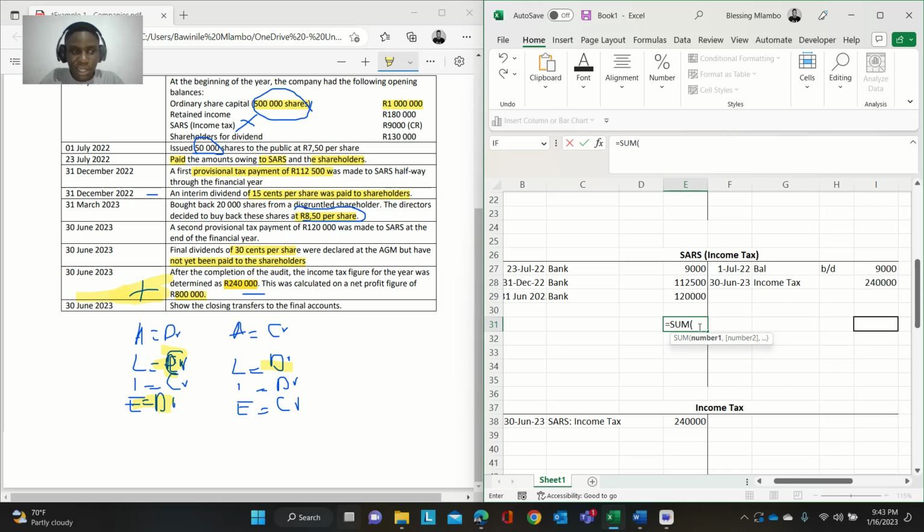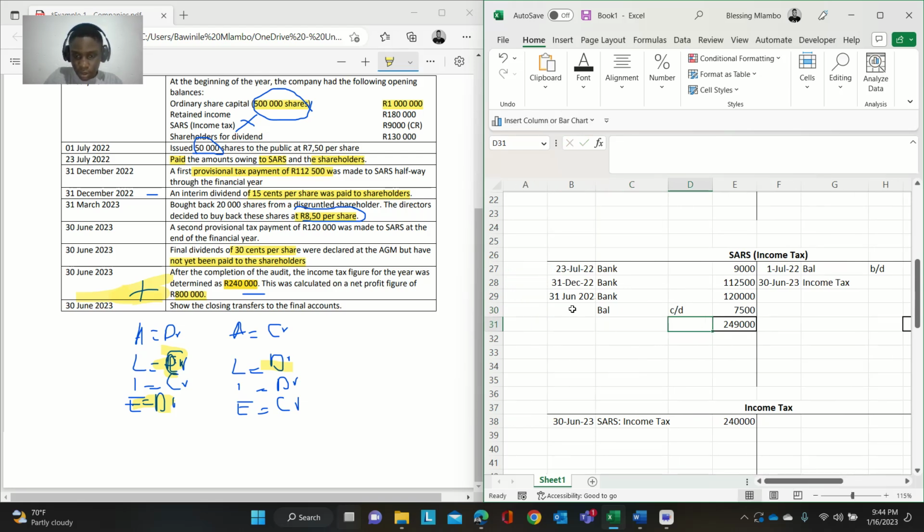I was trying to be smart right there and work out the things from my head, but I'm tired right now because the time is close to 10 p.m. or past 10 p.m., so I can't do the workout. So this side is bigger, meaning that we're going to take this side for both sides, and then the balance is going to be here. So when I take this balance and subtract this one, this one, and this one, I have 7,500. So this is the balance carried down at the end of the year.